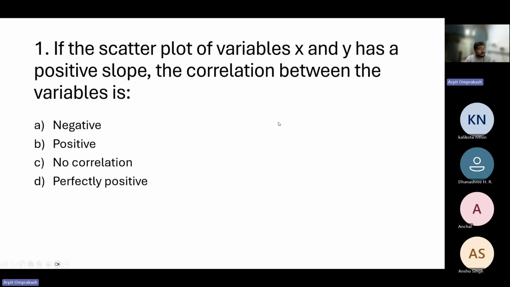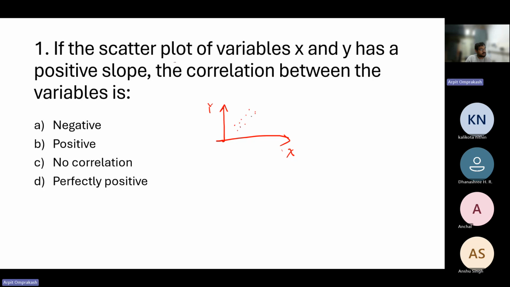So the first question is, if the scatter plot of variables x and y has a positive slope, the correlation between the variables is A negative, B positive, C no correlation, or D perfectly positive. So we had said that the scatter plot of two variables x and y has a positive slope.